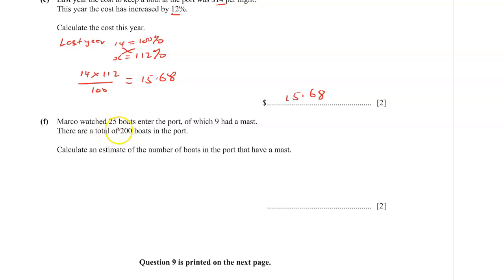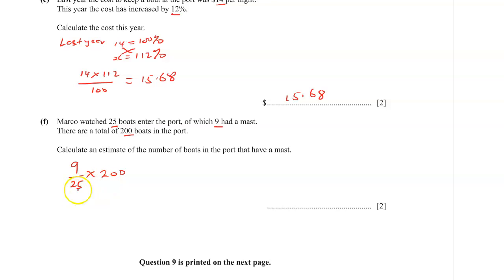Marco watched 25 balls enter the pot, of which 9 are musts. There are a total of 200 balls in the pot. Calculate an estimate of the number of balls in the pot that have a must. Right, so a must is 9 out of 25. So if 9 out of 25 had a must, what about 200? How much would have had a must?